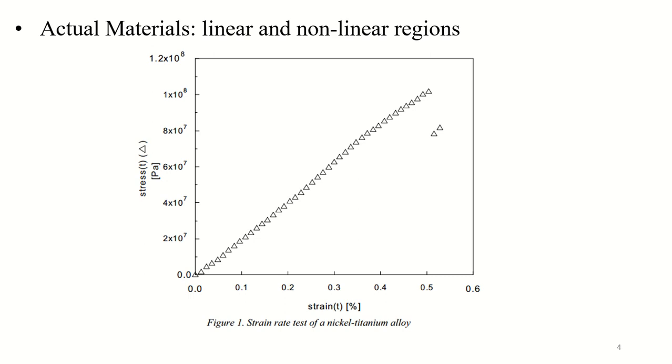Figure 1 shows the stress-strain plot obtained from a wire made from a nickel titanium alloy, which is written over there, and subjected to DMA, dynamic mechanical analysis. The behavior is similar to that of an ideal solid until the breaking point.